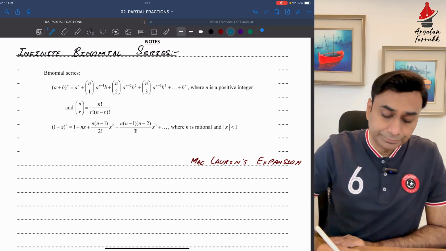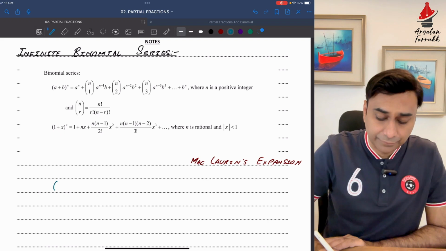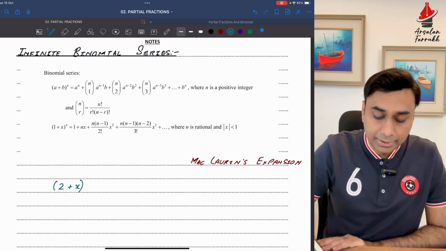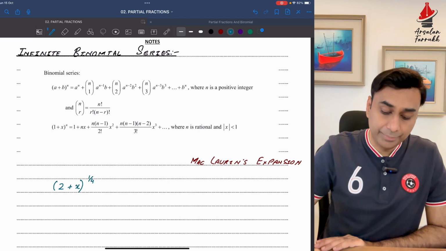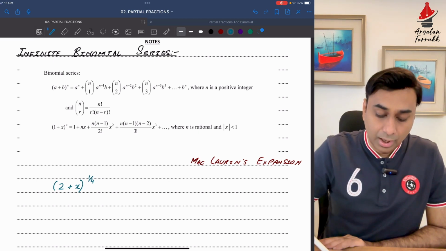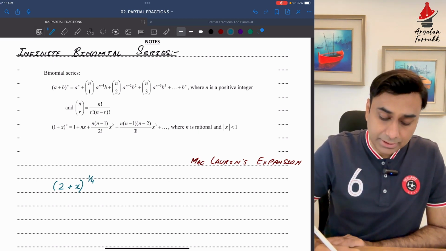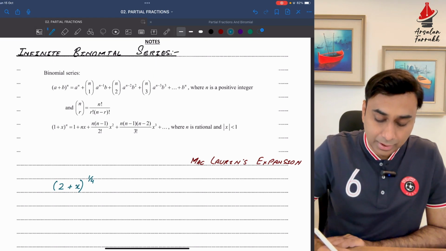For example, if there's a particular situation where you have to expand (2 plus x) to the power of, let's say, 1 upon 4, you would not be able to do the expansion over here because there is a 2 over here, which means that the first thing you should do is take 2 common.